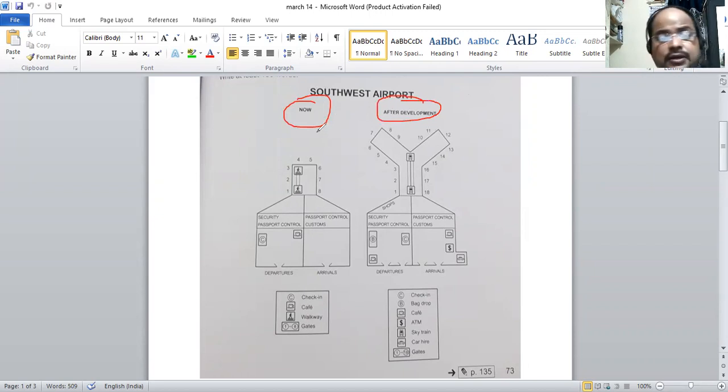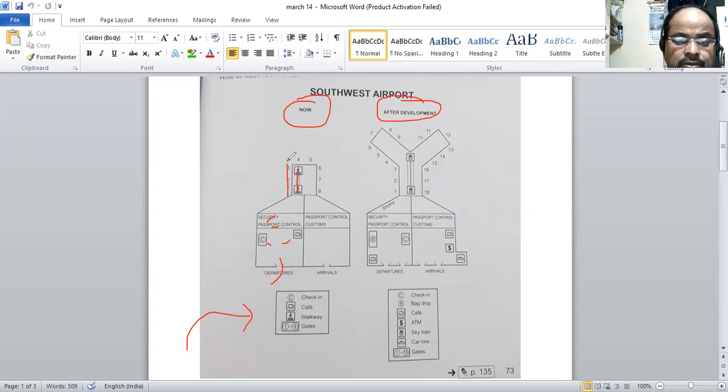So what are the things there at present? You have the keys here and you have the layout there. The first is, you can see the departure, the check-in, a cafe, passport control, security, and a walkway.